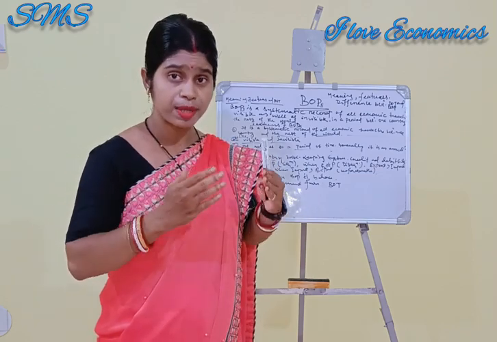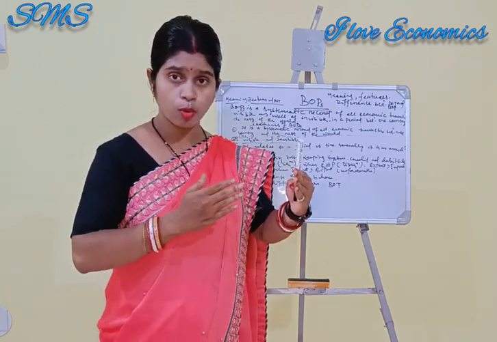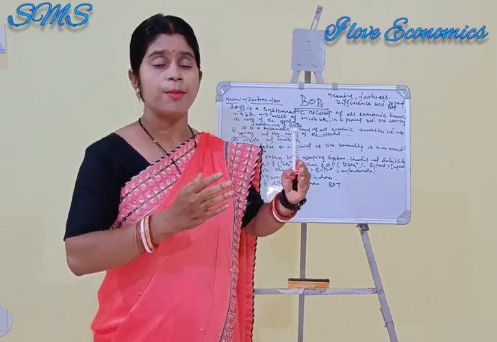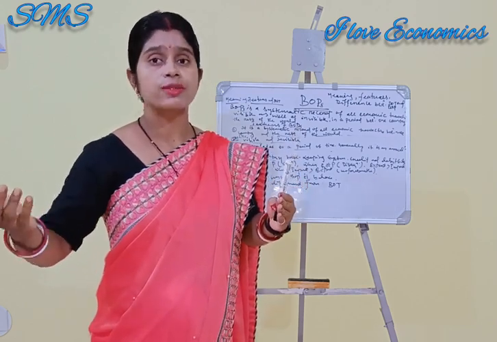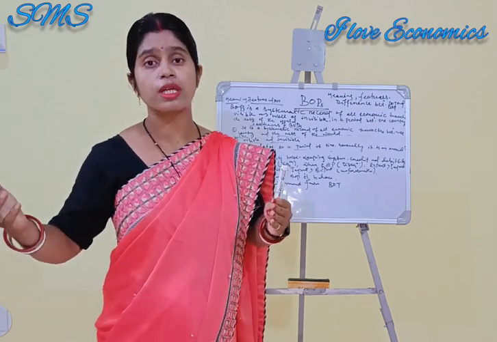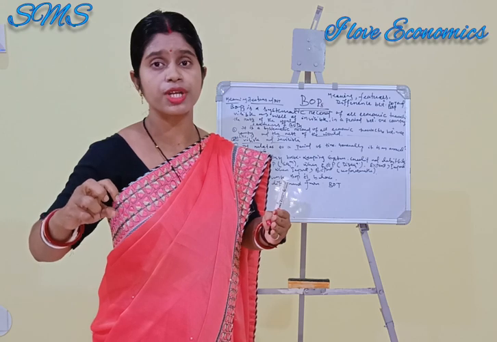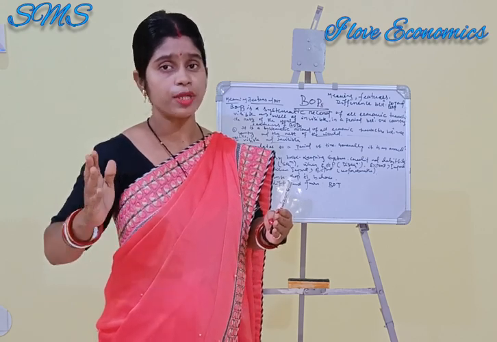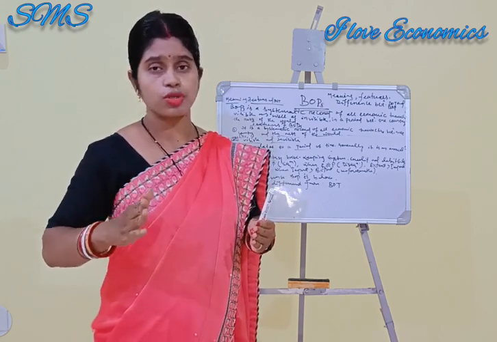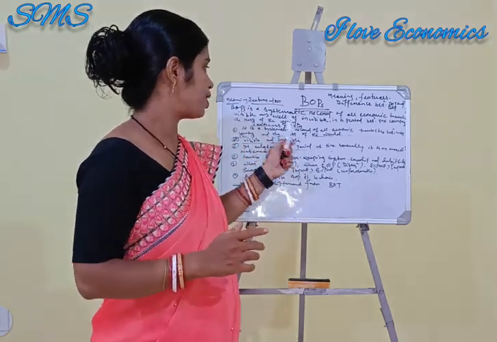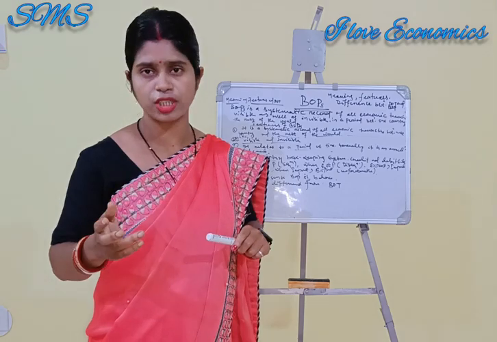That means export side, import side, it is a very systematic account. It means what are the items of exports and what are the items of imports should be taken into consideration while we are calculating the balance of payment and balance of trade. That's why there will be two sides systematically, export side and import side. That's why it is known as a very systematic record of all economic transactions.